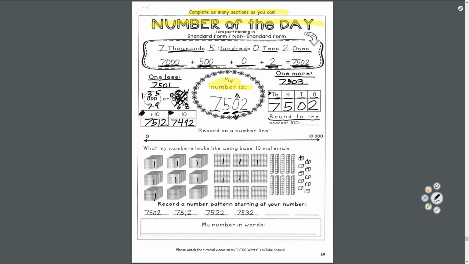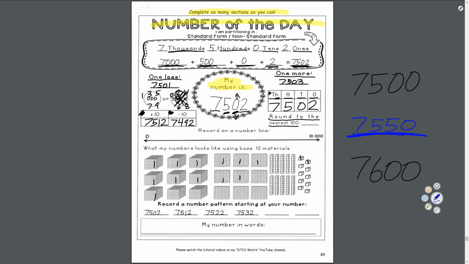Round to the nearest hundred. So, what are our closest hundreds? There's 7,500, and the next one would be 7,600. And what number is right in the middle? 7,550. This is the middle.